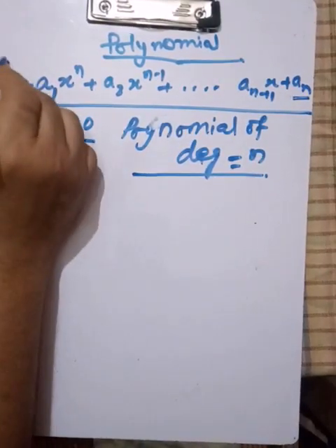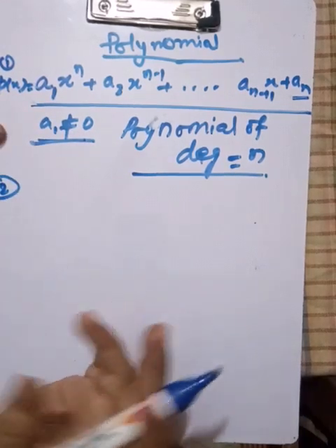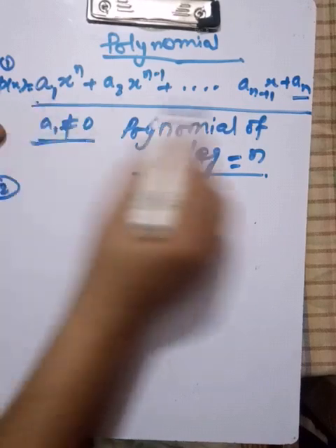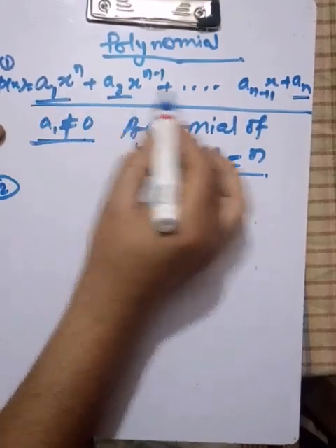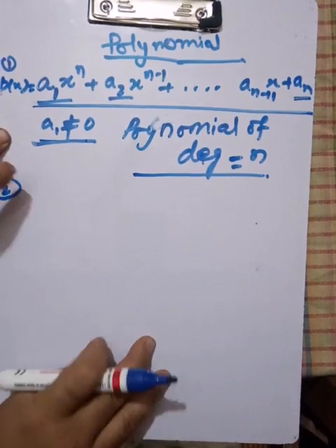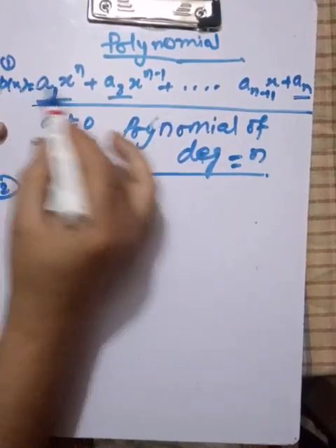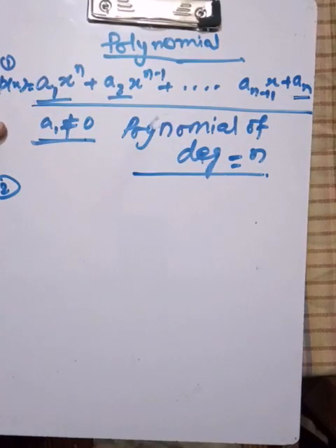This is the first point. Second point, what is coefficient? Whatever terms you are watching, this is called the first term, the second term, and you can have n number of terms, or n minus 1, or n plus 1 number of terms. In this situation we have taken n number of terms.